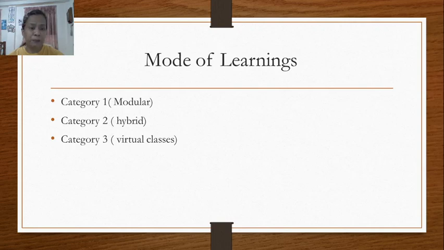However, there are students who are in the modular type, but they actually have access to MS Teams because they asked the ICTD to have their access. So if you are bored and you have the access to join our virtual class, you can also join us, right?